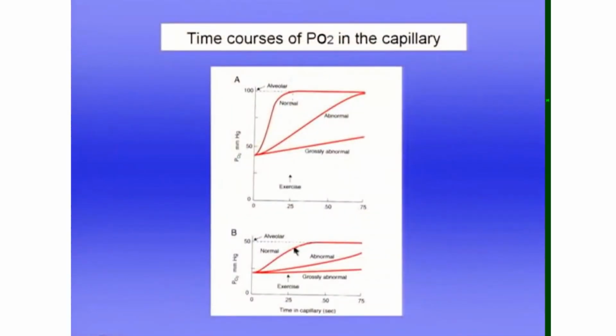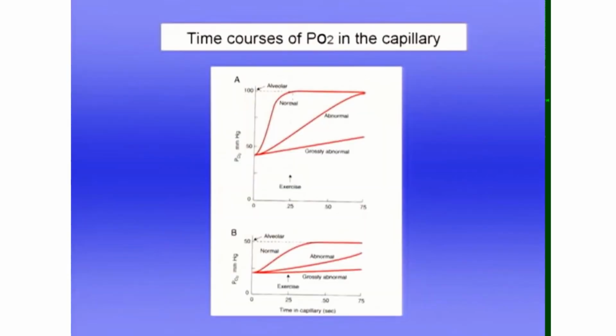I should just add here for the purists that although it looks as though this small rise, the slow rise, is caused by the low partial pressure gradient, an exact analysis shows that the reason is an imbalance between the solubility of the gas in the blood-gas barrier and the solubility in blood, or more strictly, the slope of the dissociation curve. When we have a situation as shown here, we're operating low on the oxygen dissociation curve. You see, the alveolar PO2 is 50, the blood comes in at a PO2 of 30, so we've got an abnormal situation here.